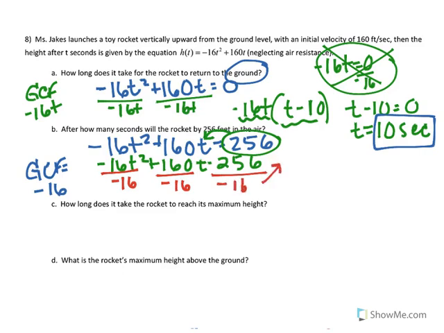Okay, so now I have t squared minus 10t plus 16, and that equals 0. So I need something to multiply to 16, but add to get negative 10. So it's t minus 2 and t minus 8. And remember, I don't have to group now because I don't have anything in front of this t.